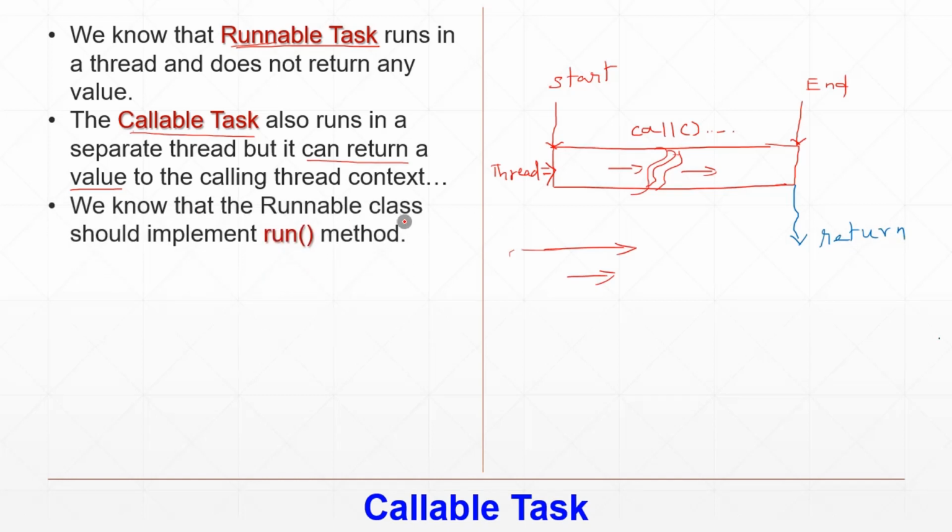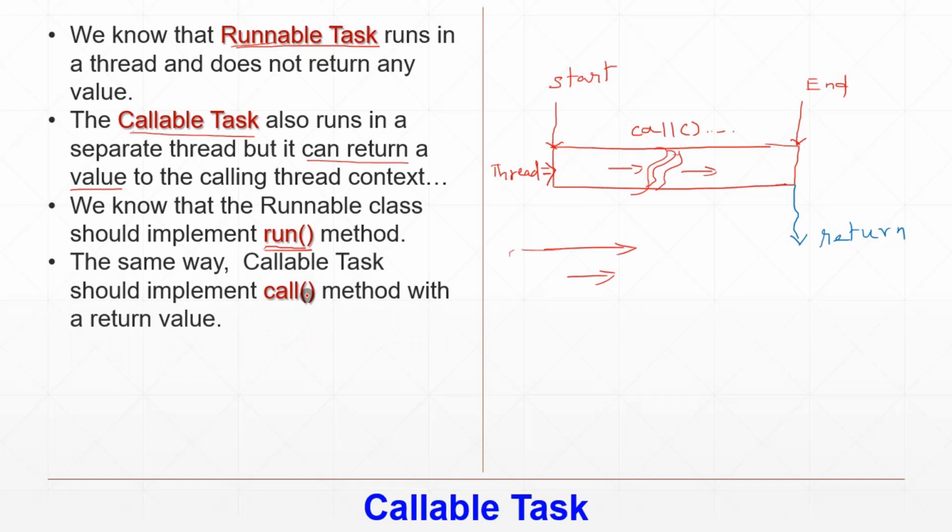We know that a runnable class should implement the run method. A runnable class, in the sense, is a class that implements the runnable interface. So such a class should override the run method. The same way, a callable task should implement the call method with a return value.